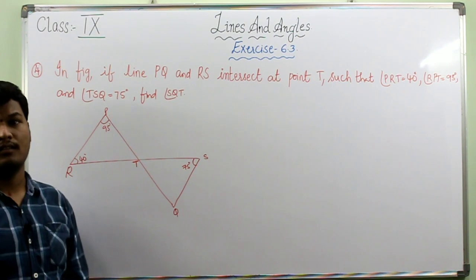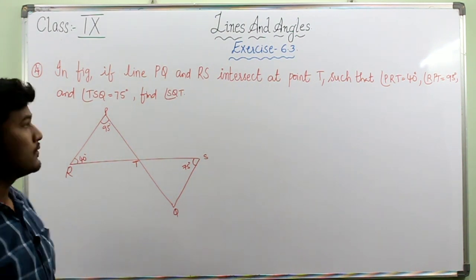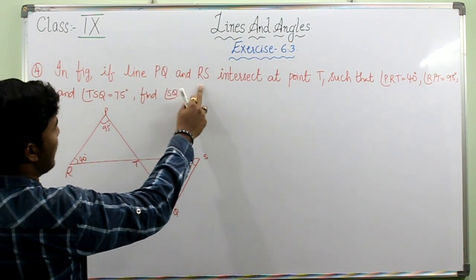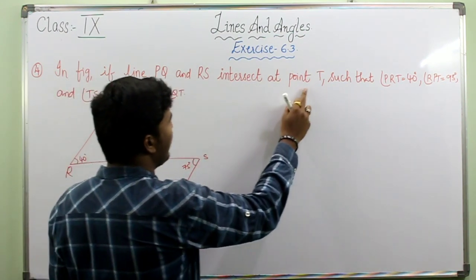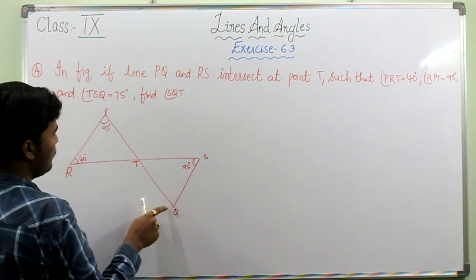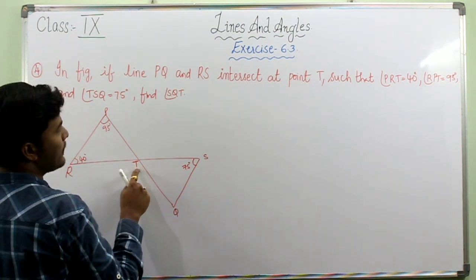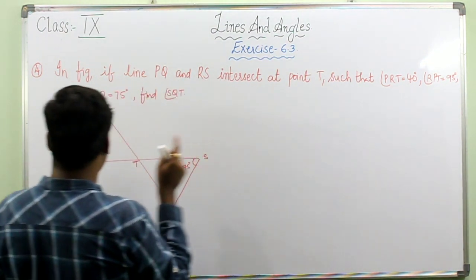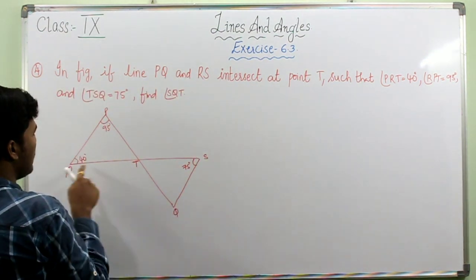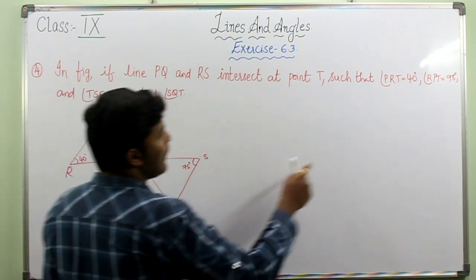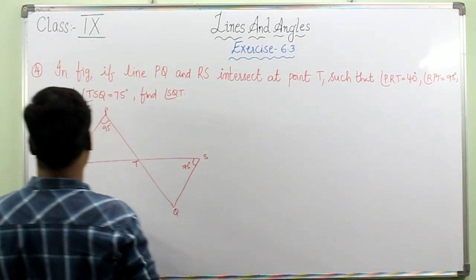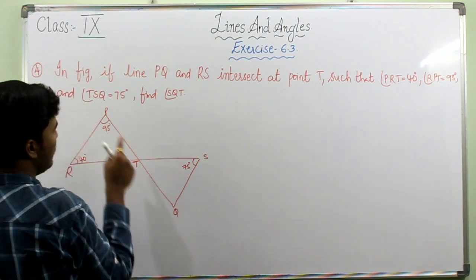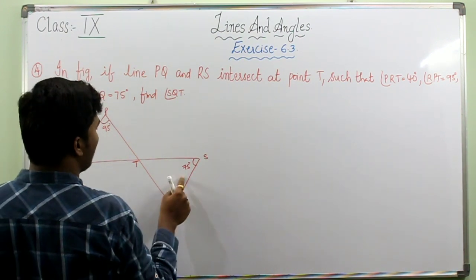Now let us discuss the fourth problem of this exercise. In the figure, line PQ and RS intersect at the point T, such that PRT is 40 degrees and RPT is 95 degrees and TSQ is 75 degrees.